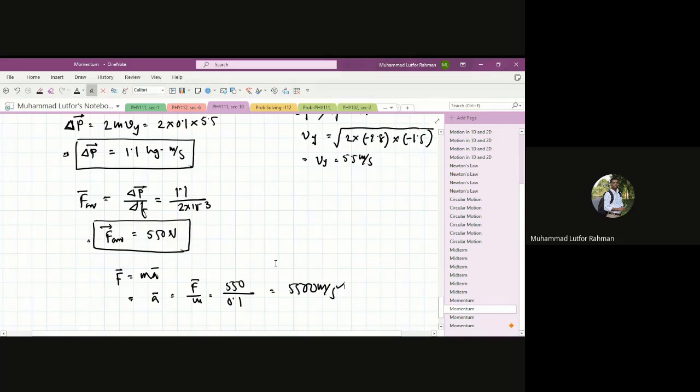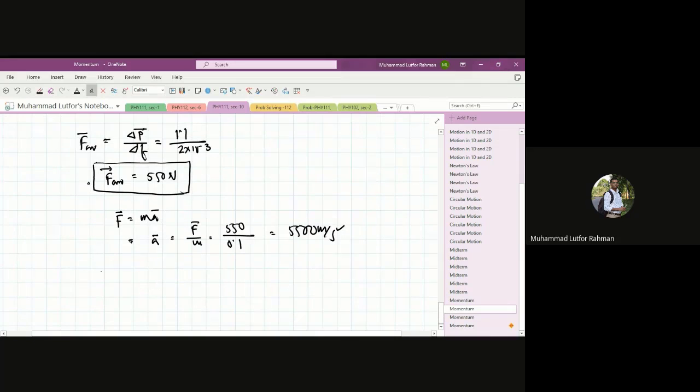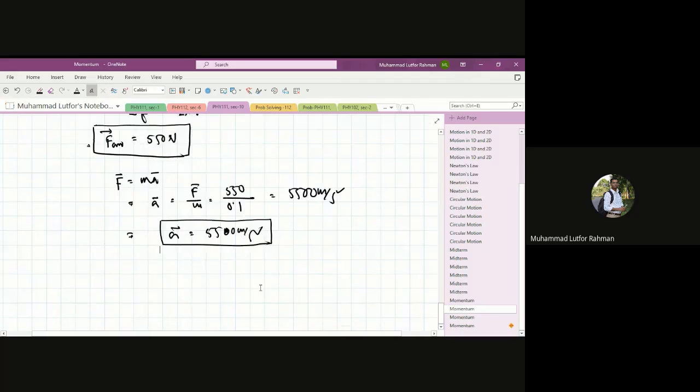It's a huge acceleration, right? So during that collision time, the acceleration of that system would be 5,500 meters per second squared. Because of this high acceleration, the maximum amount of damage occurs during that collision. So that's how you can deal with this case.